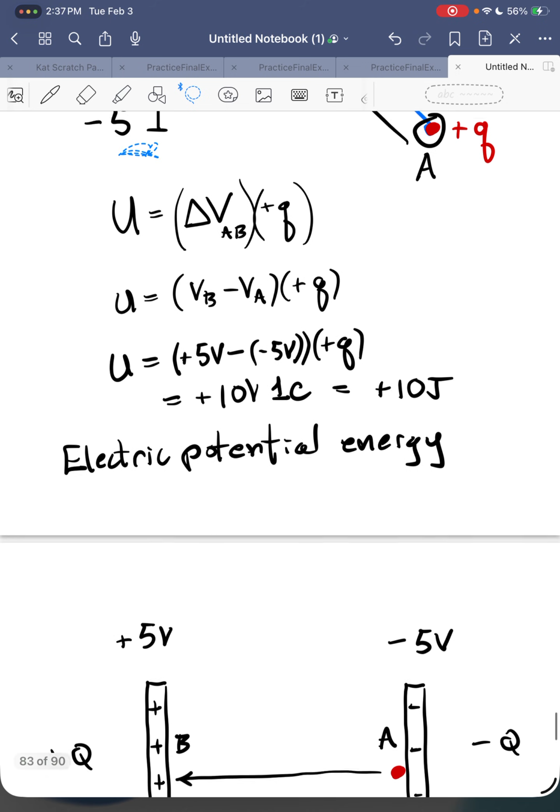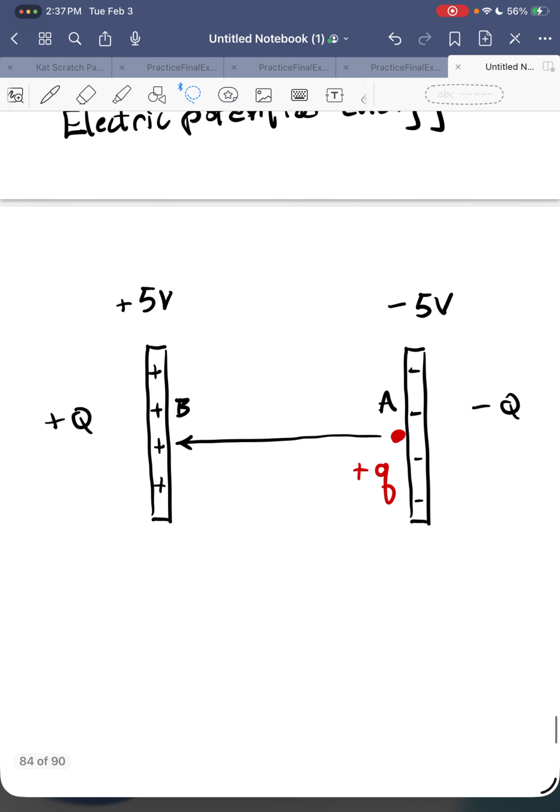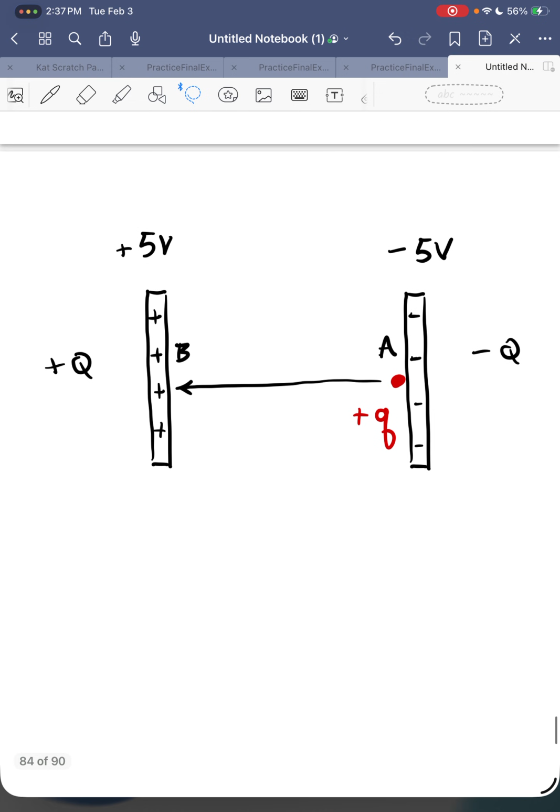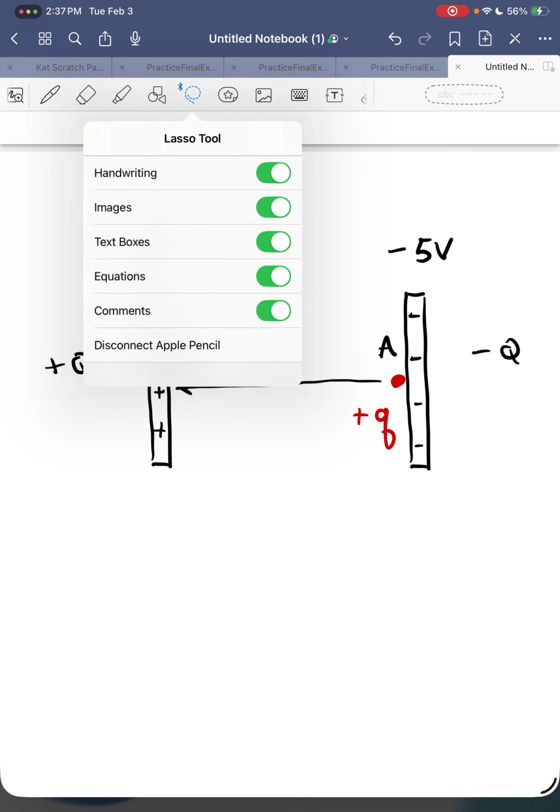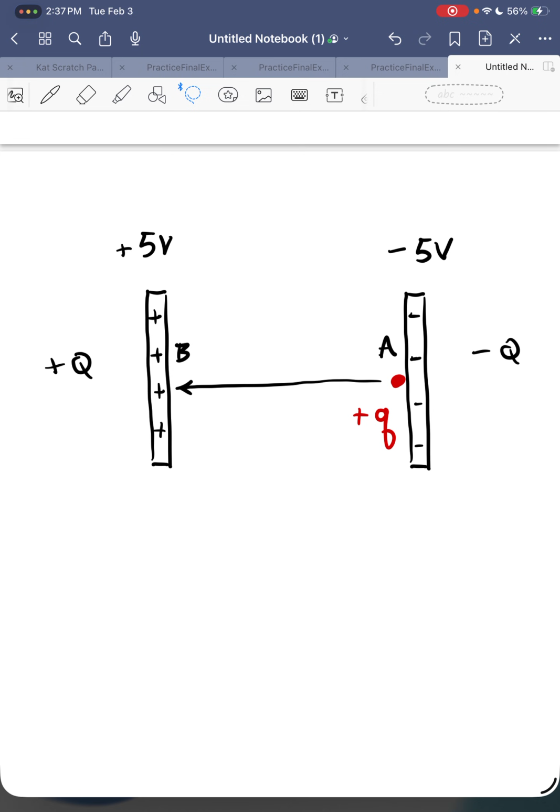Now, another way to look at this is to go back to the plate diagram and think of it this way. I took that positive Q charge and started out with it here on the negative plate. Since it's a positive charge close to a negative plate, it is attracted to that plate, or as we often say colloquially in class, it wants to be on that plate because opposites attract.